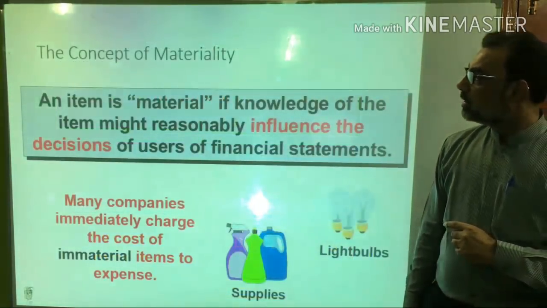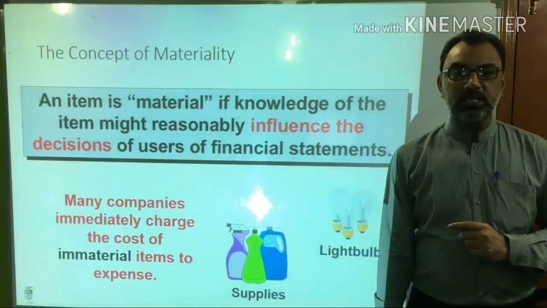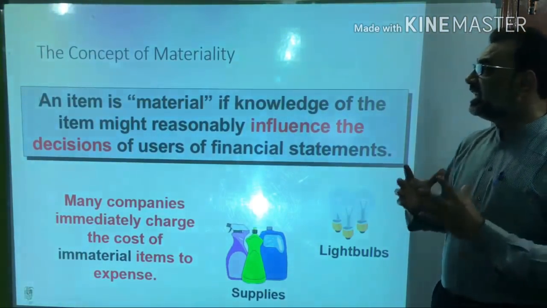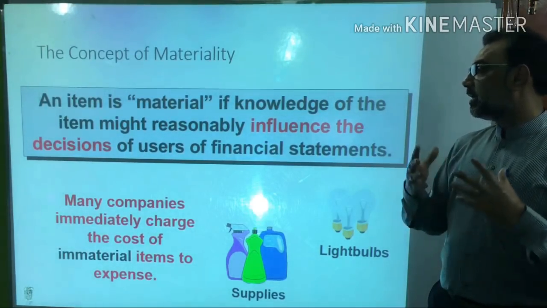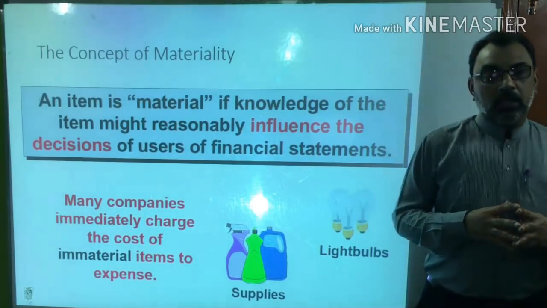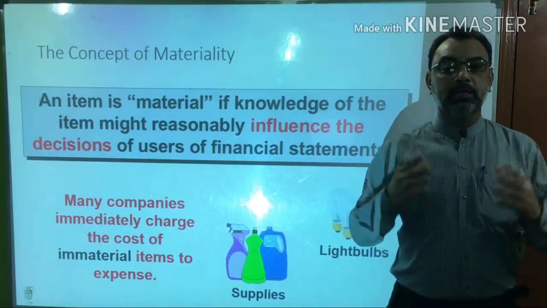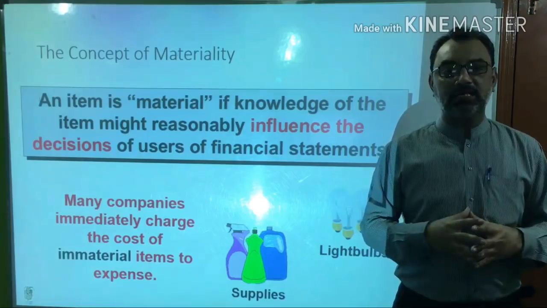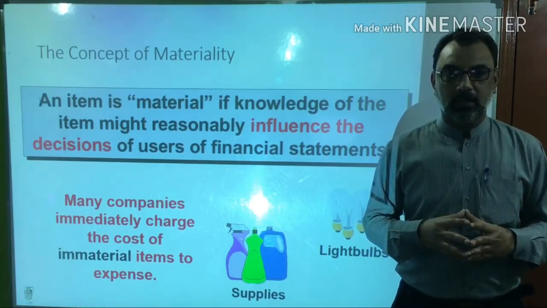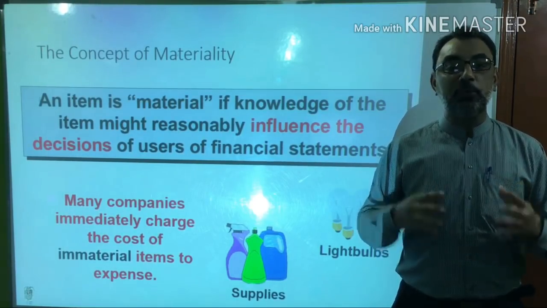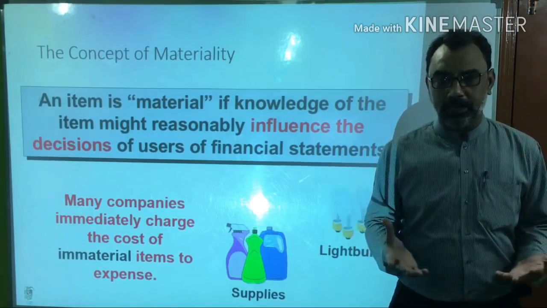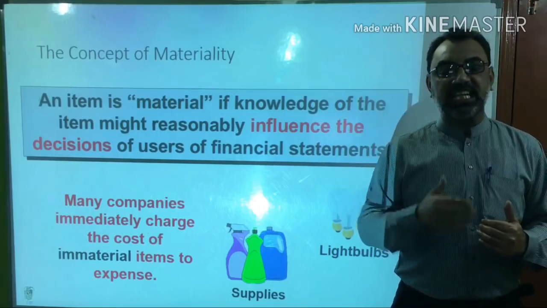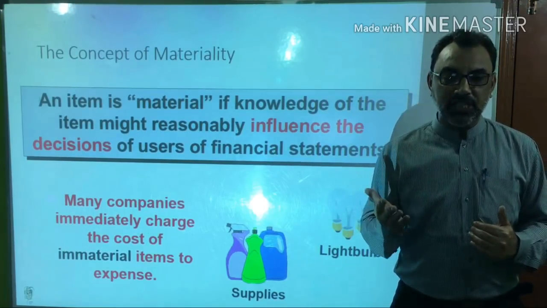So now, the last concept which we need to discuss is the concept of materiality. This is very interesting. For example, we used to define non-current assets and fixed assets on the basis that if it gives you benefit for more than 1 year, we bring it forward as a capital expenditure in the balance sheet.